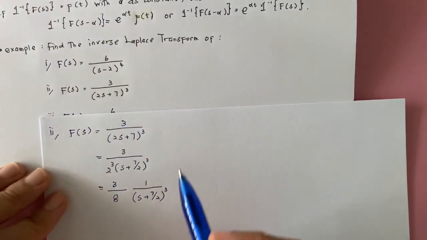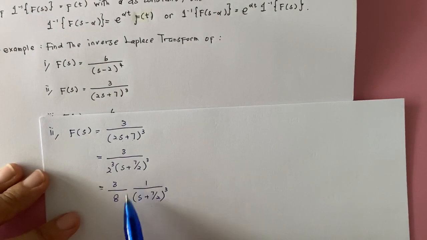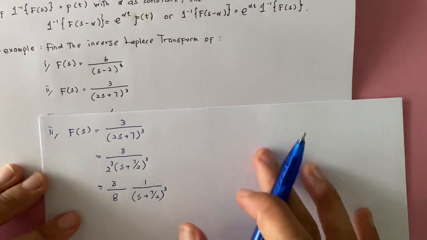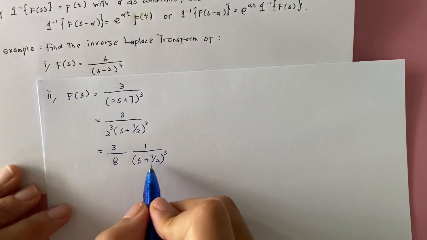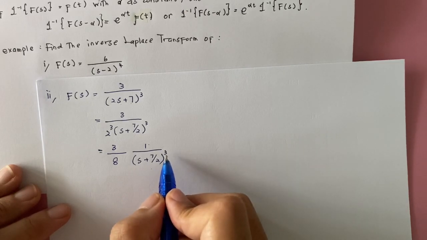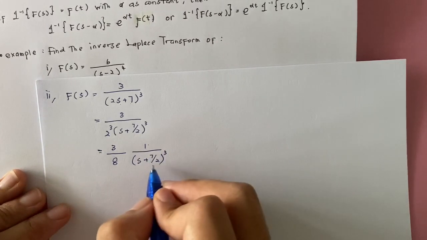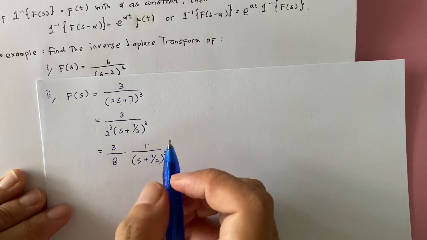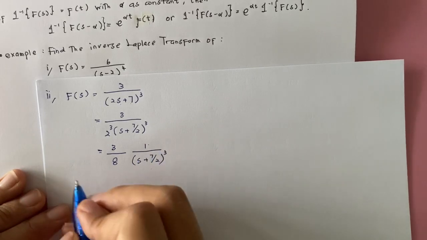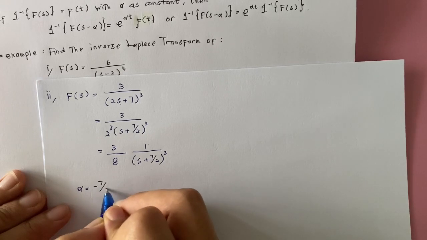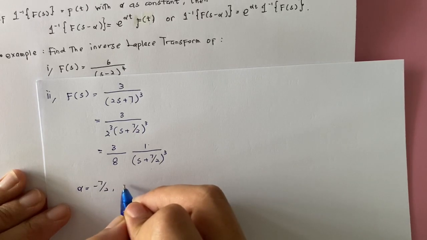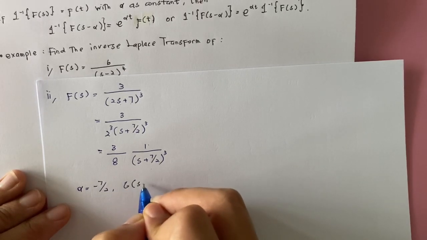Okay, and then try to find the inverse Laplace of this function, the inverse Laplace of 1 over (s plus 7 over 2) cubed. From here, s minus alpha, so your alpha here is minus 7 over 2.